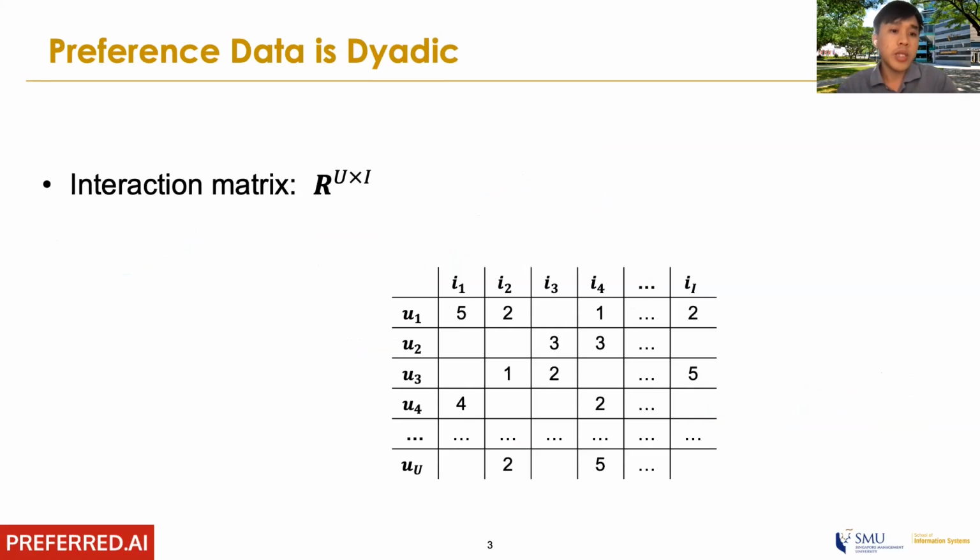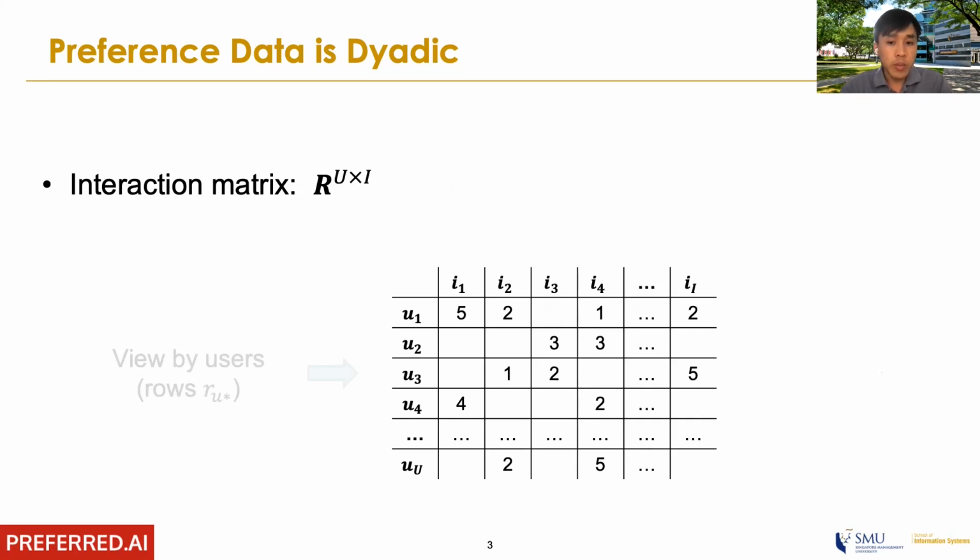So the preference data is dyadic. What does it mean by dyadic? Let's say we have the preference data, and most of the time, the preference data is represented as an interaction matrix between user and item. In this case, say the matrix R of size U by I. It is dyadic in its nature, meaning there are two ways to view the data matrix.